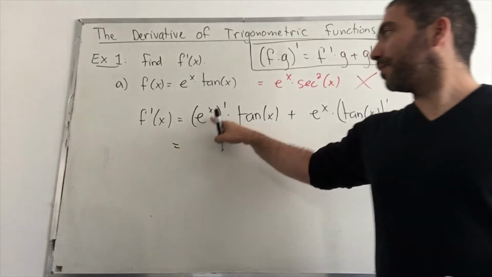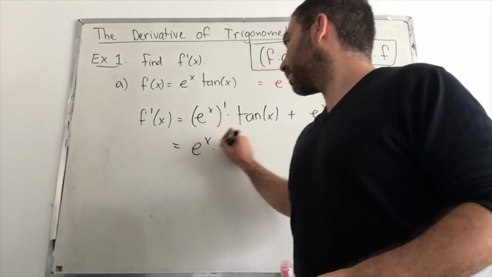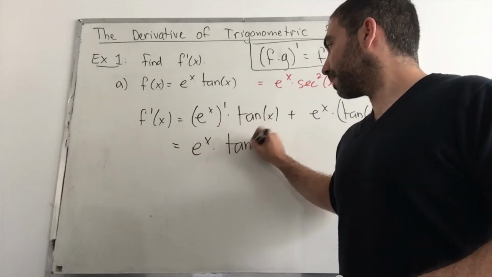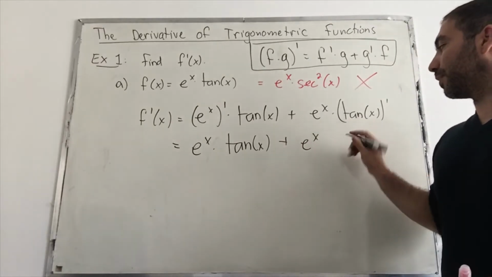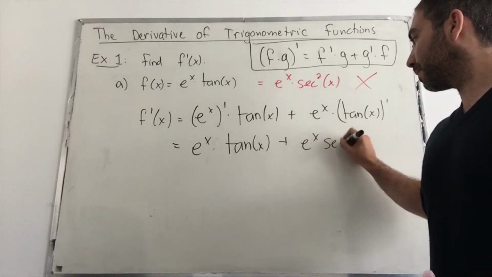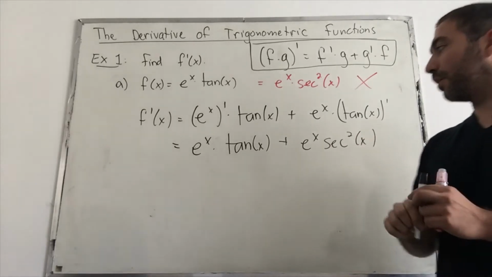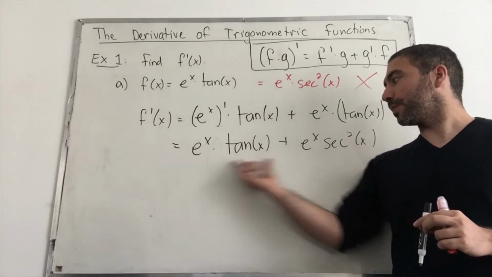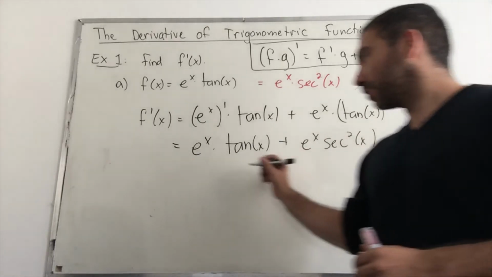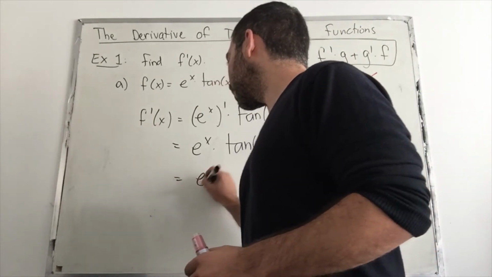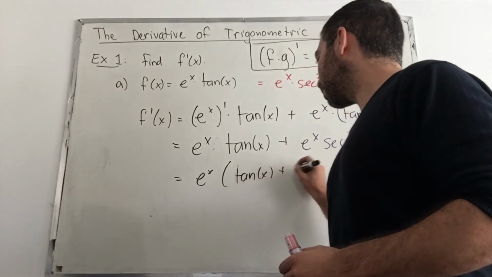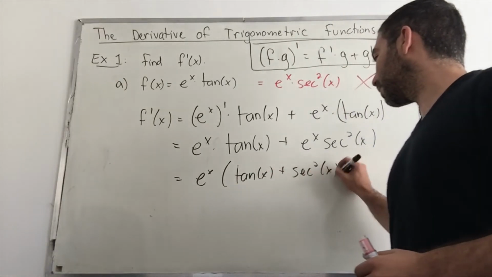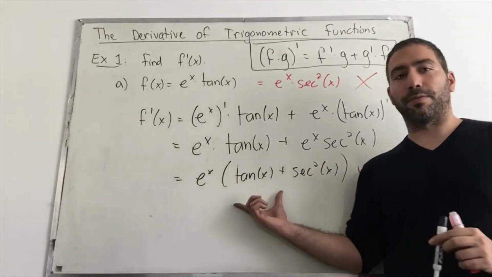So the derivative of e to the x is e to the x, tan stays, e to the x stays, and the derivative of tan is secant squared. Okay. We could go one step further because both terms have an e to the x, so we could factor that out. If we factor out an e to the x, what we're left with is tan x plus secant squared x. Okay, and this is the final answer.